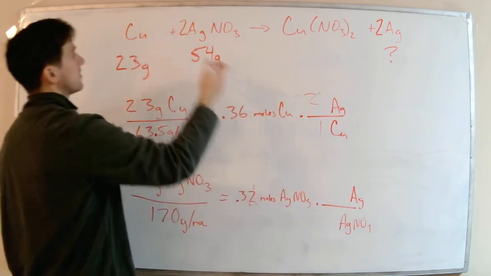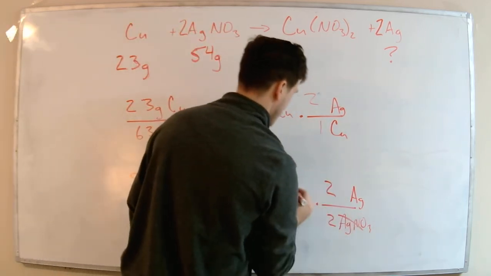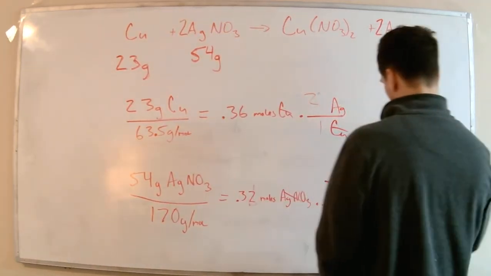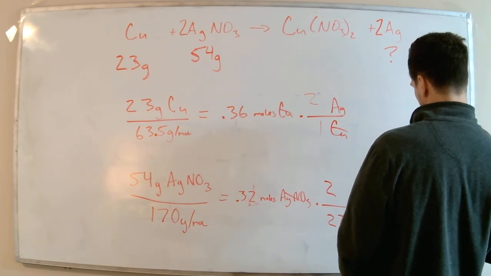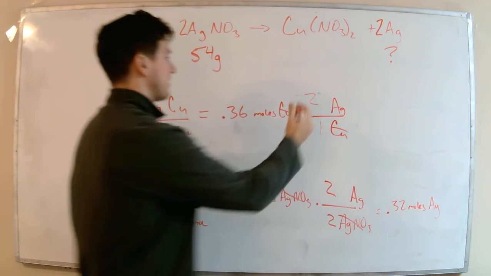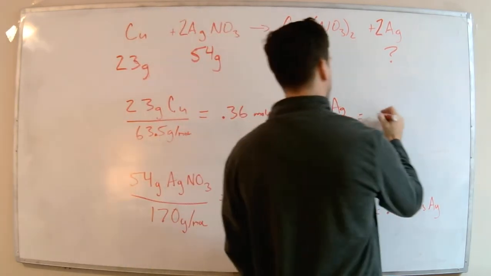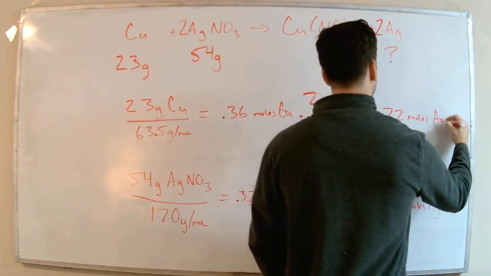And for silver and silver nitrate, it is a 2-to-2 ratio. So luckily for this one, it stays the same. So it's just going to be 0.32 moles of silver. And this one, I multiply by 2, right? 0.36 times 2 divided by 1 is just going to be 0.72 moles of silver.